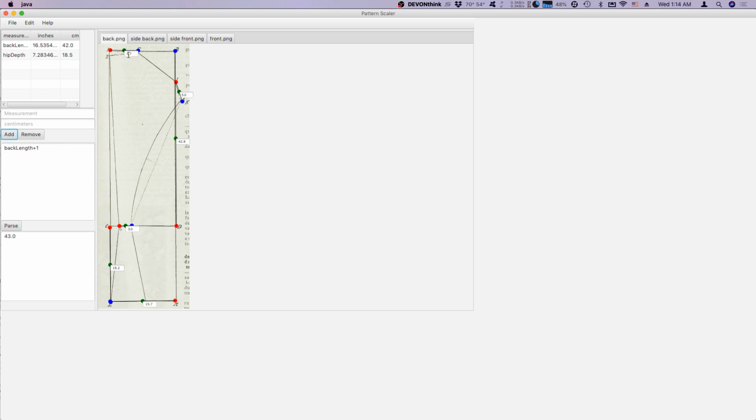Now, from A through F is equal to 1/6 of the bust minus a centimeter, I think. Let me check my references. Okay, 1/6 minus 1 centimeter.